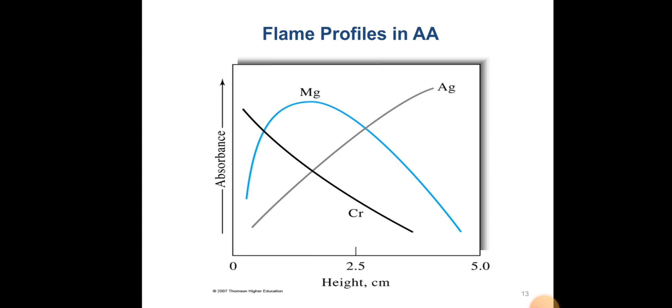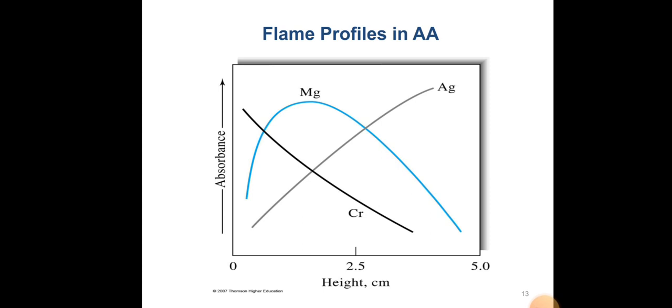In this picture, you can see the flame profile in atomic absorption and the effect of temperature and of the height of the burner, or height of the flame, on the absorbance or on the sensitivity of measurement of an element.